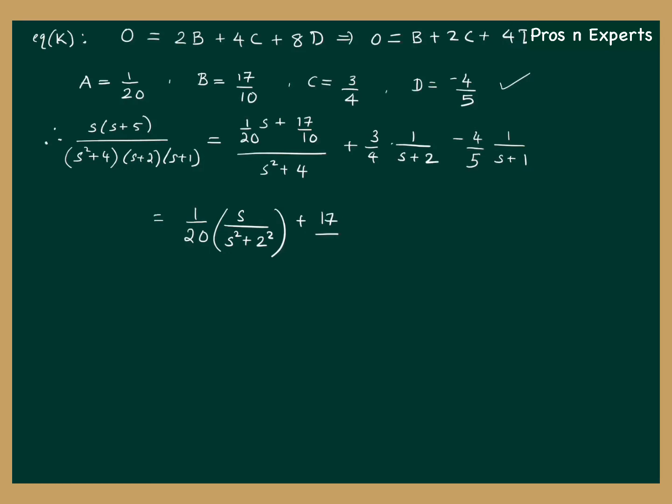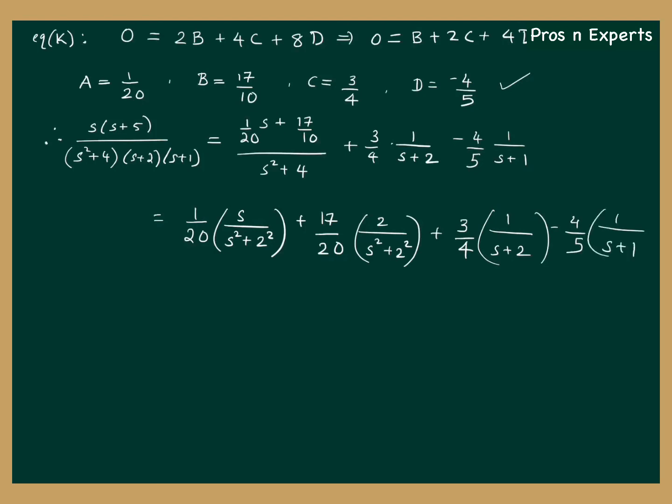I am writing it as 17 by 20 into 2 by (s square plus 2 square), again for specific reasons. It was 17 by 10 actually, but I wrote 17 by 20, and to cancel it I have multiplied 2 in the numerator. And now the third and fourth terms will be 3 by 4 into 1 by (s plus 2) minus 4 by 5 into 1 by (s plus 1).